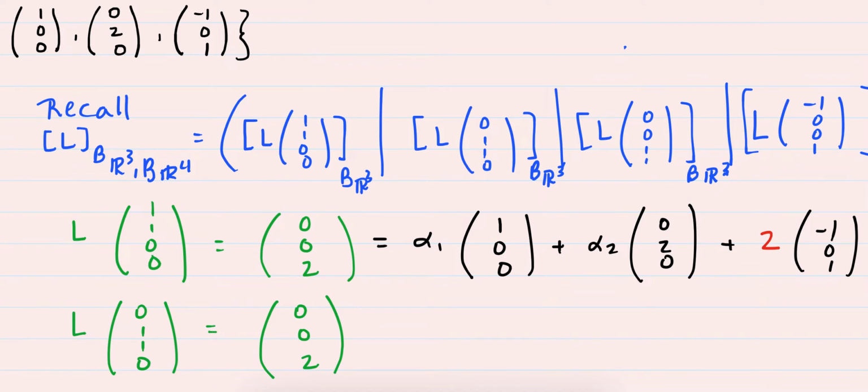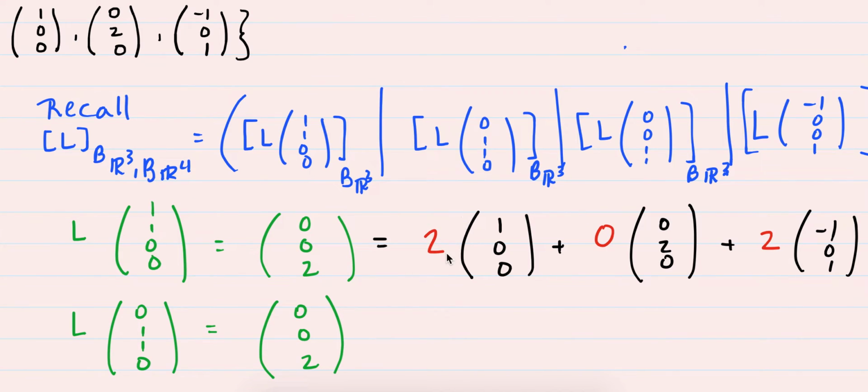That means this alpha1 has to be a positive 2, because that's 2 and that's a negative 2, so they cancel. And this alpha2 only gives me something in the middle, and I don't want anything in the middle, so let's erase that and put a 0. Okay, so we figured out that this one right here is 2, 0, 2.